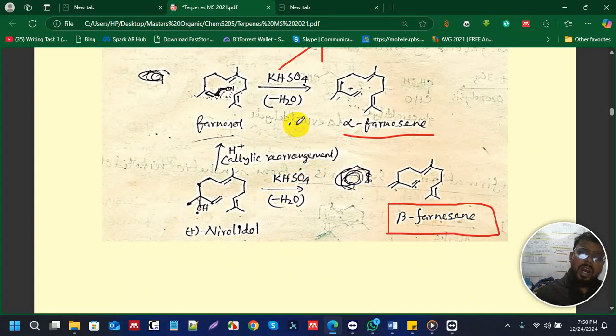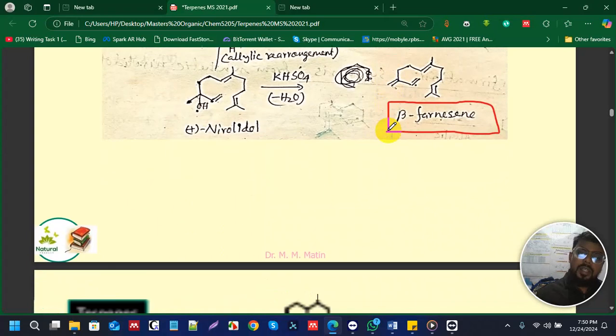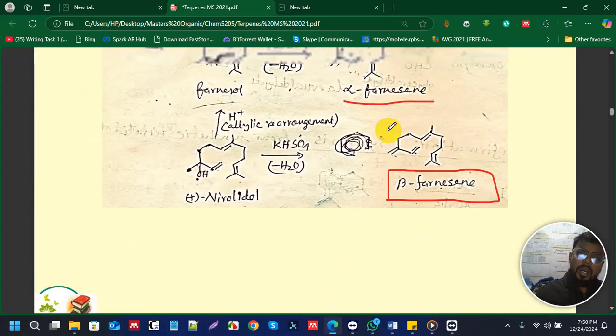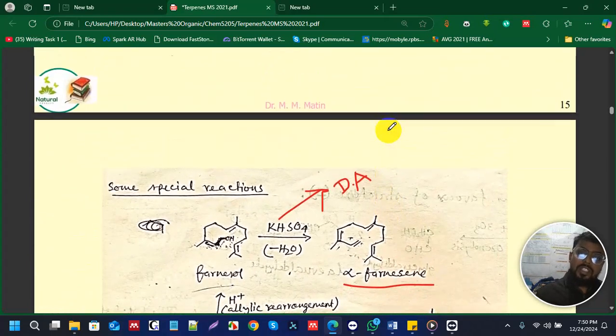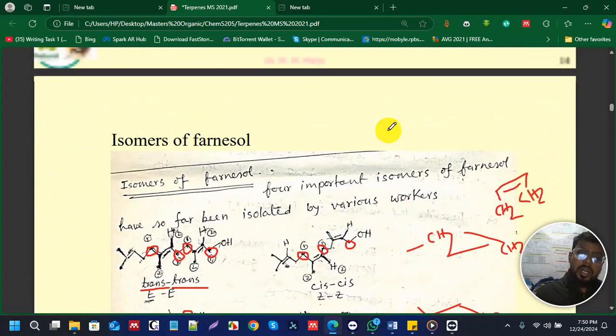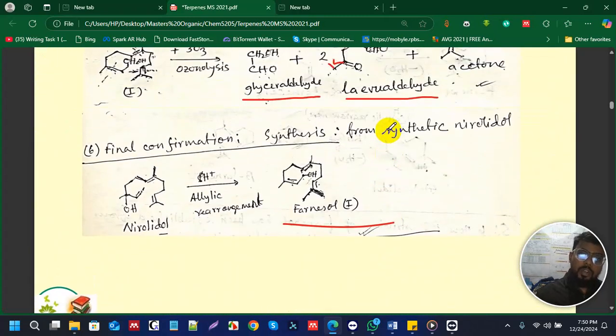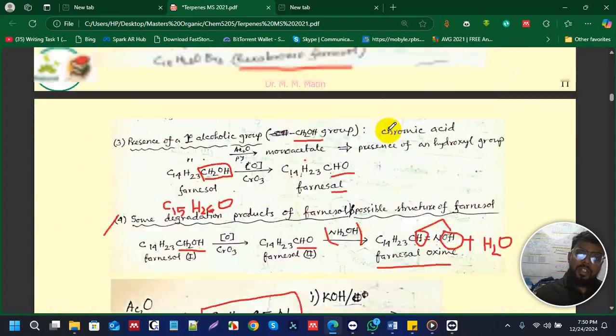When you do a dehydration reaction with farnesol, we will find alpha farnesene. In this way, we'll be able to confirm the structure of farnesol, and we'll be able to identify different kinds of isomers of farnesol.